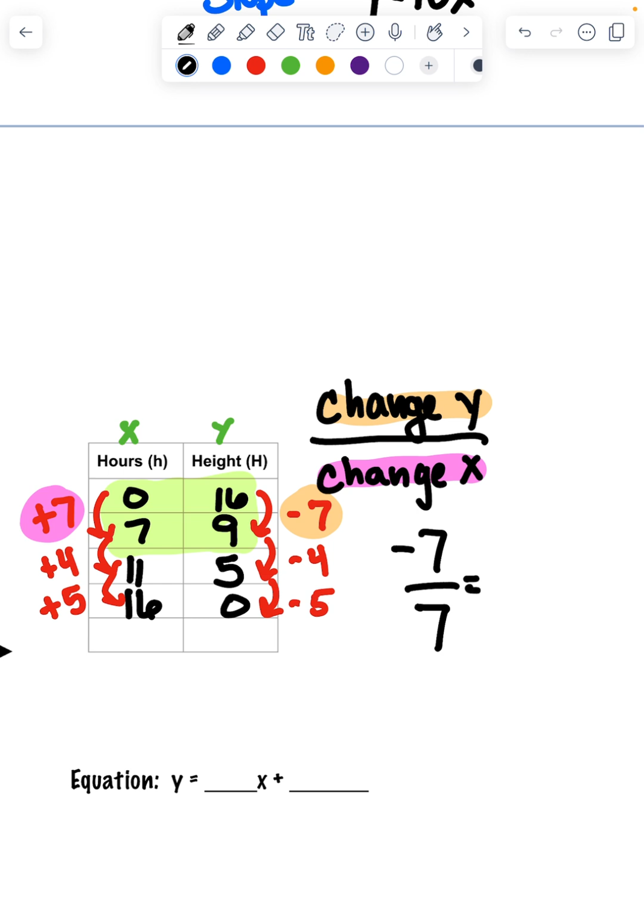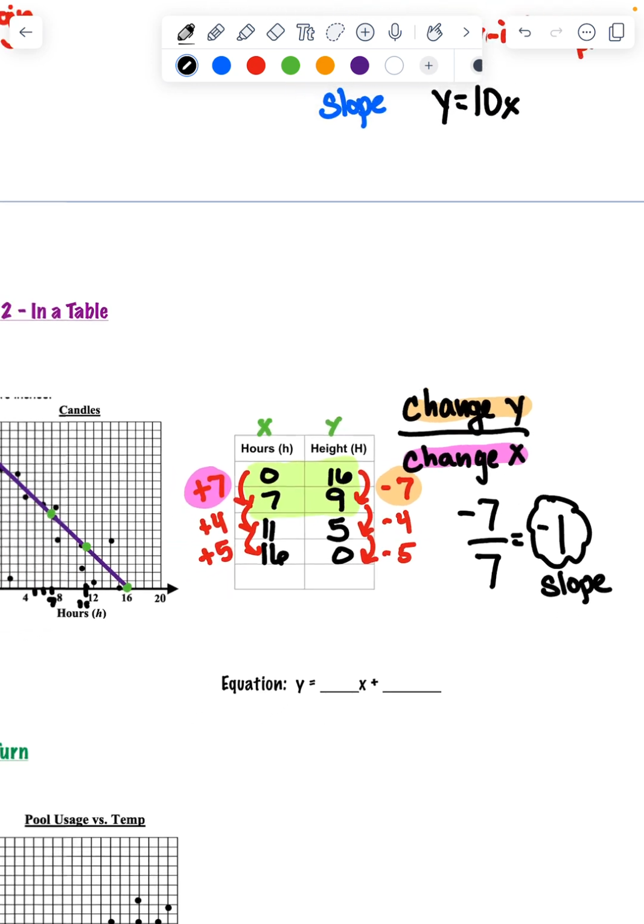I have the same numerator and denominator, so I know that it's equal to 1 as a whole number, and since I have one negative number, my slope is going to be -1. No matter what 2 points we chose, it would always end up being -1.